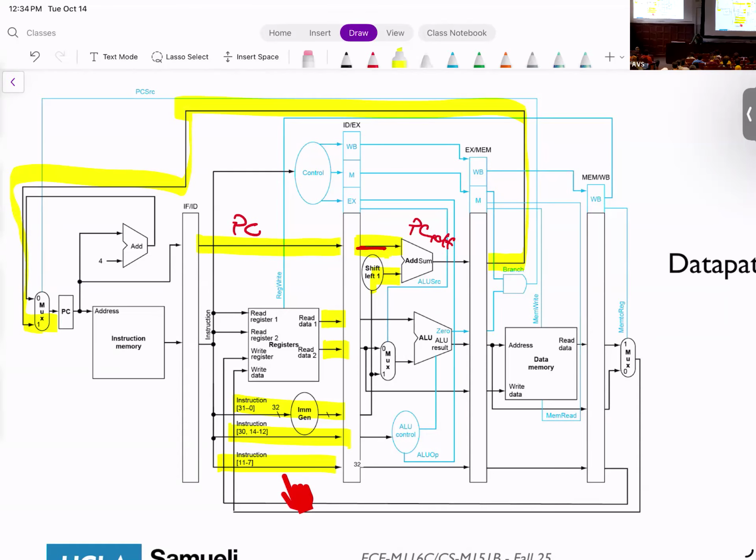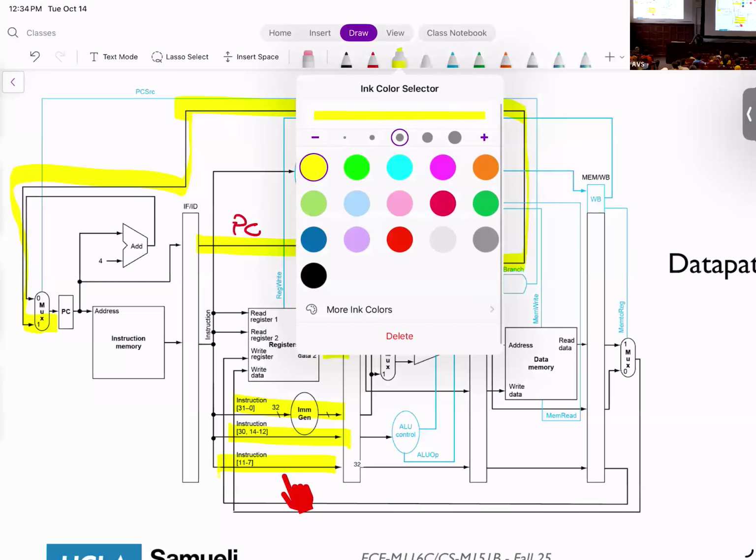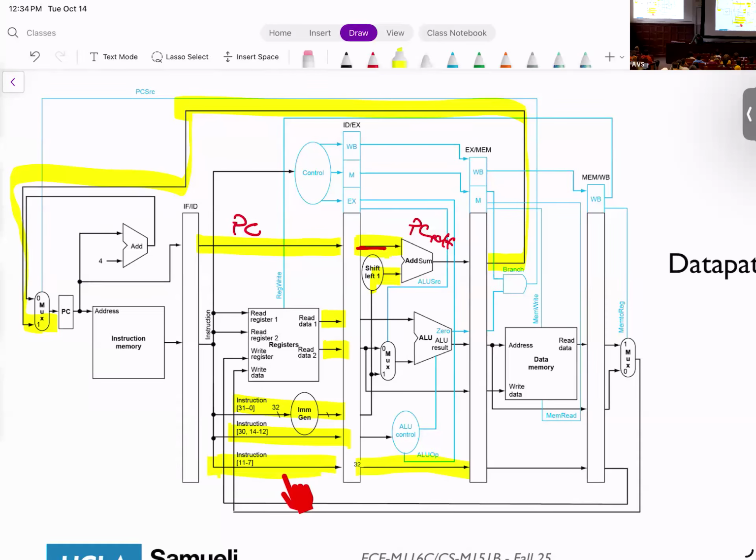Then you have RD, for example. As you can see, this is your RD that goes here, goes all the way back to here. So this is the data that you're going to use to write to the registers, okay?